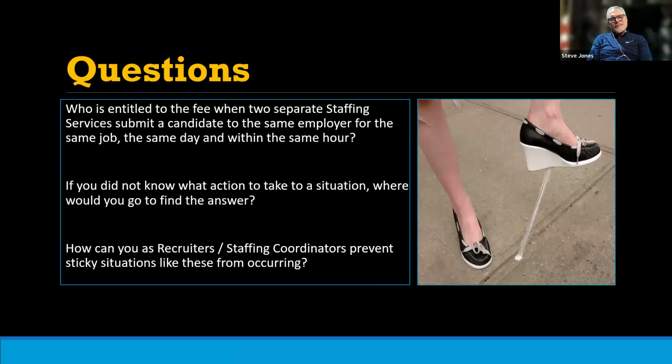I mean, sometimes it's possible that two agencies can claim all of the above. They can say, we were both authorized to submit candidates. Both of us, the candidate said, yeah, you can go ahead and send it. The client accepted the resume, didn't tell you that they weren't accepting it. You got dates and times and stuff on it.